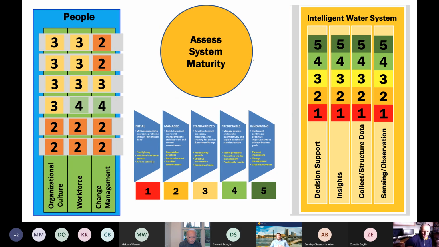And I can talk about that separately because it's actually being handled on a different project. But on the people side, we're going to look at how we can assess the maturity of these three things, for the specific things that we do, the processes.